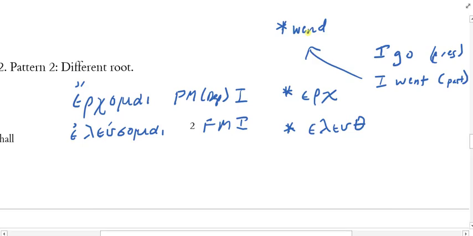Okay, to wend. It means to go. So what happened, and I don't know, some committee got together in the past in English and said, hey, let's borrow a completely different verb root to form our past tense, but we'll keep the go root for all the other forms. So we don't say I goed. We say I go, switch, I went, back to go, I have gone, and I am going. Okay, so we do this in English.